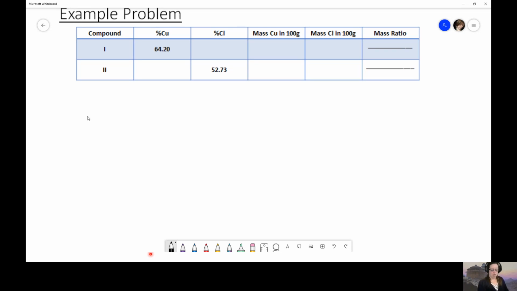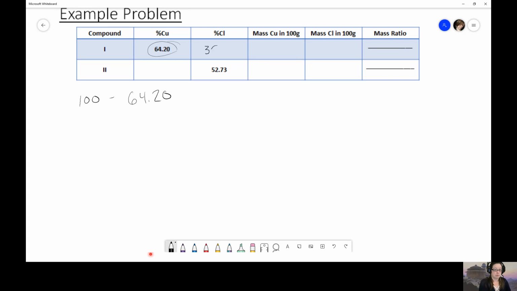Okay. So when you have two percentages, remember everything has to equal 100. So for me to figure out the percent of chlorine, I'm just going to take this 64.20 and subtract it from 100. And that should give you, let me see, 100 minus 64.20, 35.8.